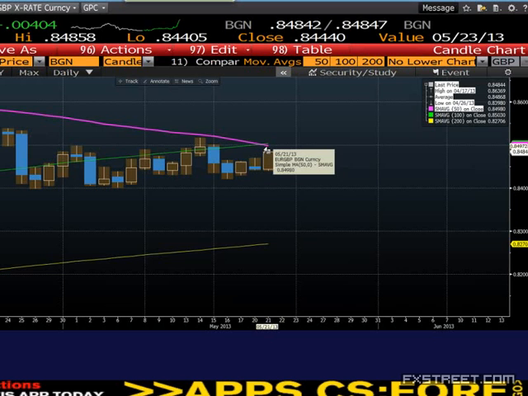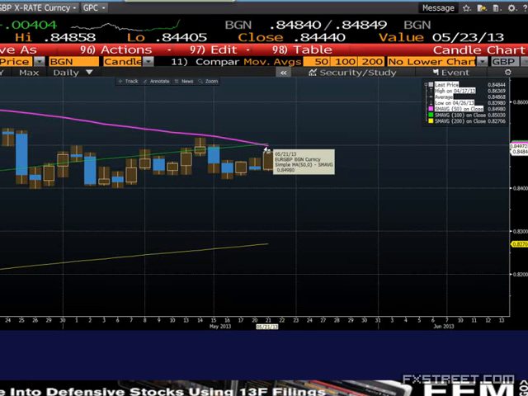And if we break above 85 on the back of this data, then we may see that crossover just reverse itself. However, what we would certainly watch out for is, as we said, the fact that the hourly cable is looking a bit oversold now, so it might just limit sterling losses.